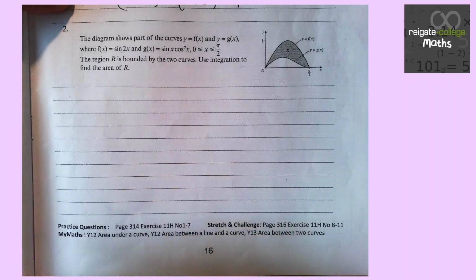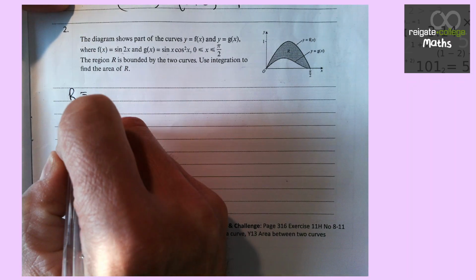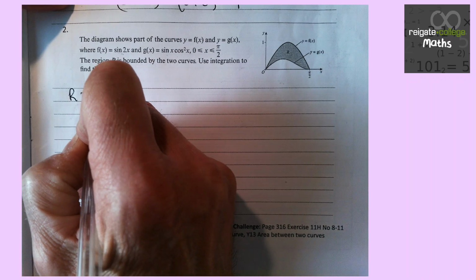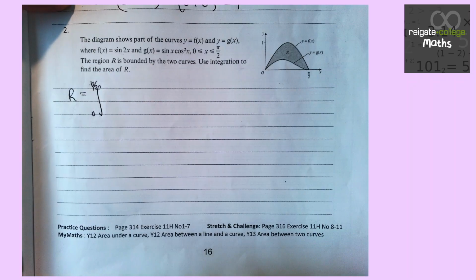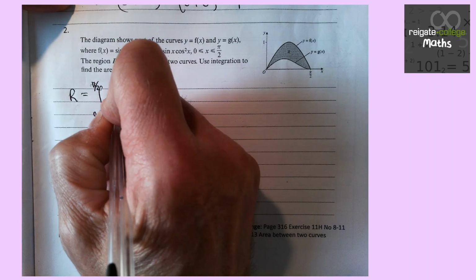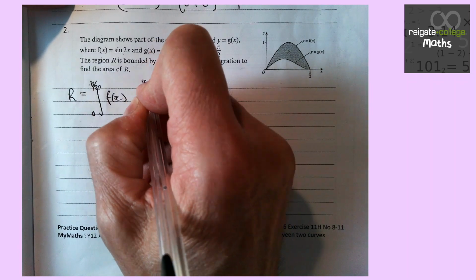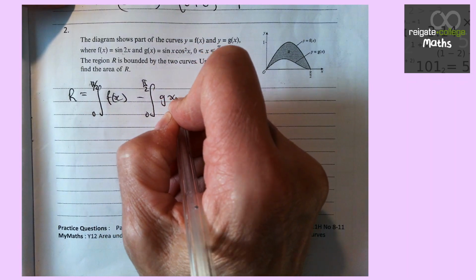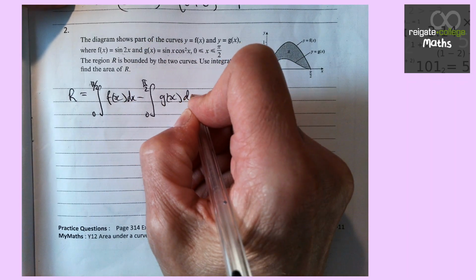So I'm going to say that the area R is equal to the integral from 0 to pi over 2 of f of x minus the integral from 0 to pi over 2 of g of x dx.